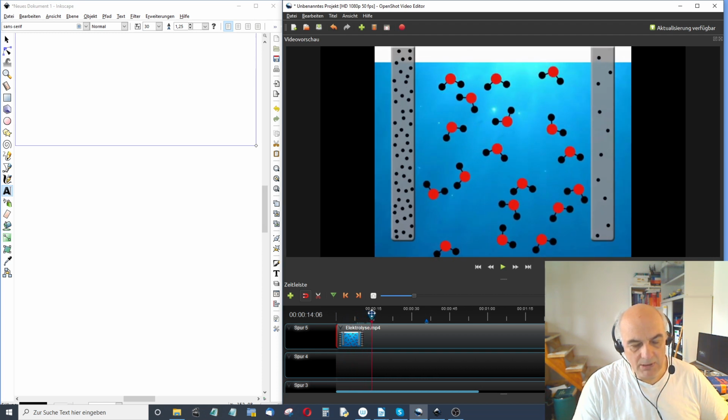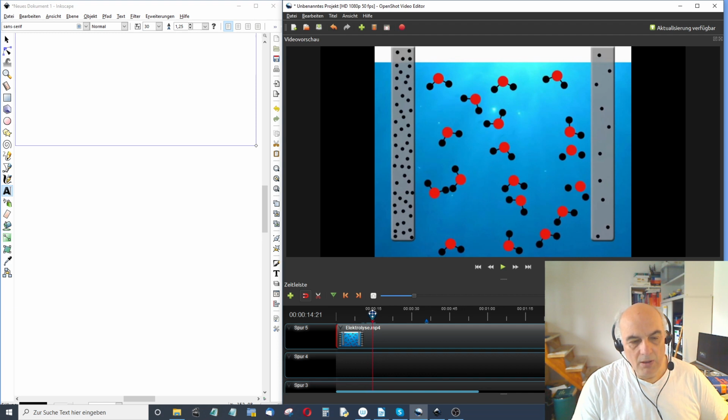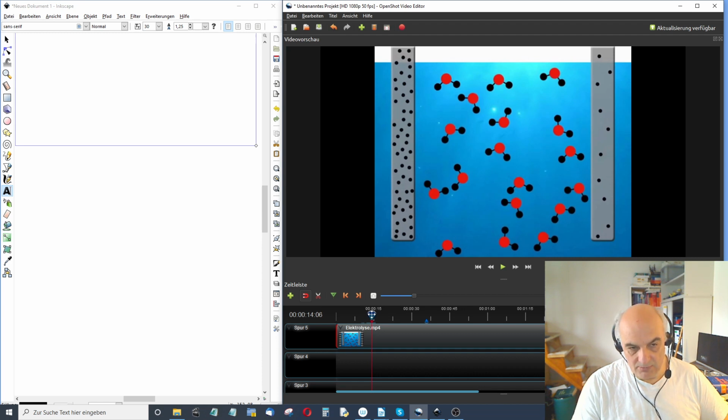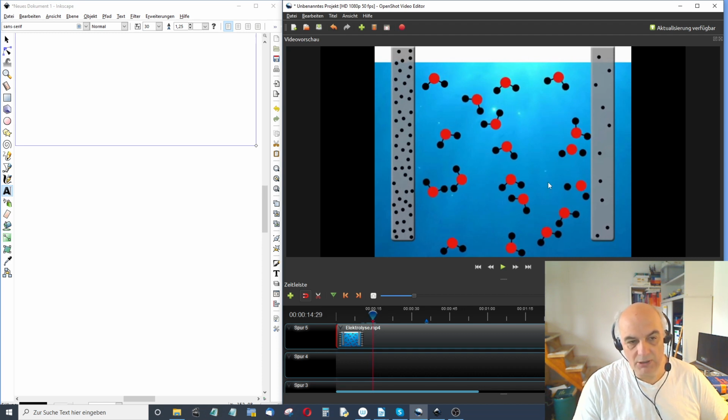on the right side, when they are close to the anode, then suddenly they lose their connection. 2 of them lose their connection to their H, to the hydrogen. 2 of them lose this. So we have 4 hydrogen and 2 oxygen.